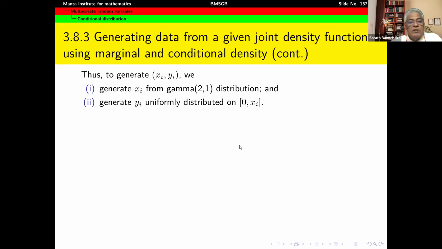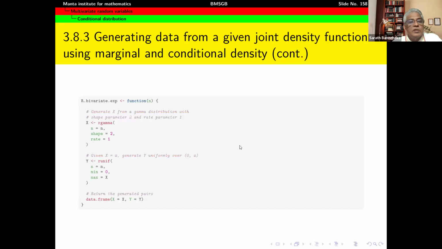So here I have written down some R code. Of course, I have chosen a smaller font because I wanted to include everything in this one slide. So these are the things. N is a given number here. This is the number of observations I require, the number of pairs of observations.